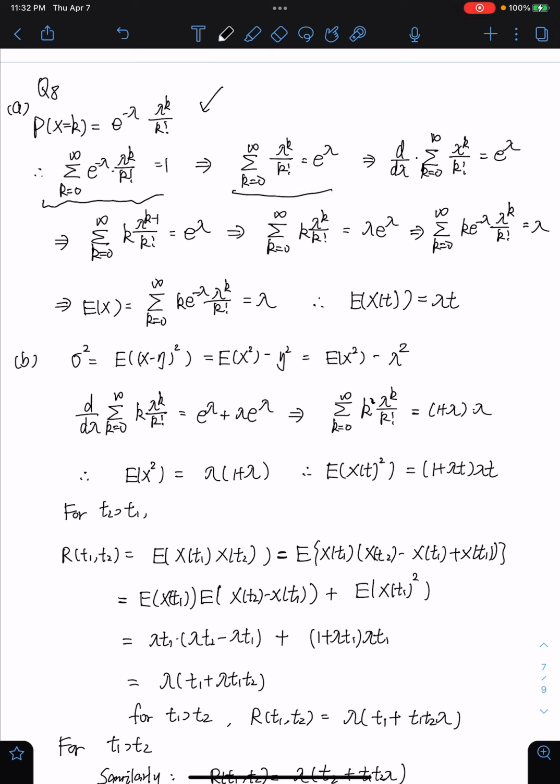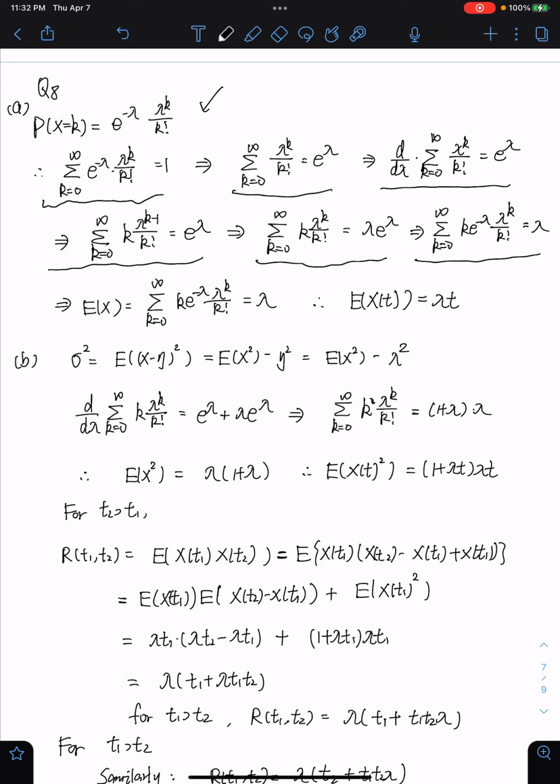We get this, and we take the derivative of both sides. We have the equations here, and then we multiply lambda on both sides, and then we divide by e to the power of lambda on both sides. We have these functions.